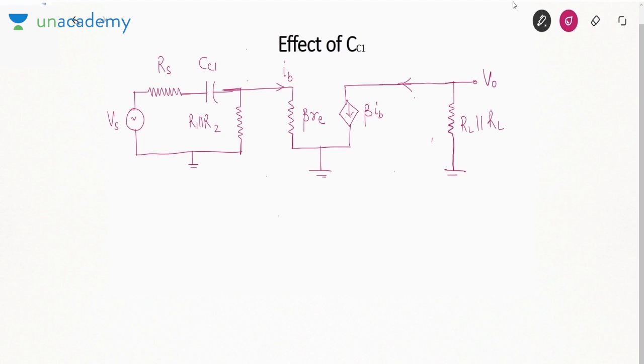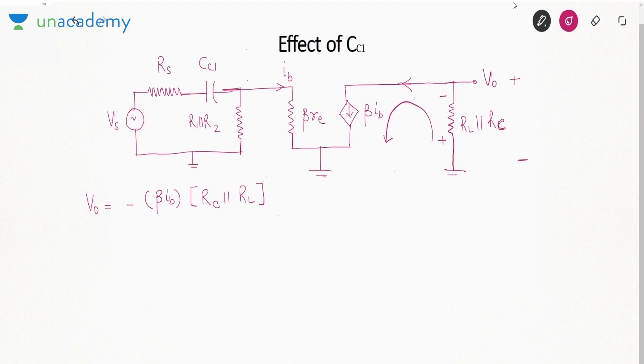So this beta IB is flowing like this, but V0 is like this, which means plus minus polarity will be opposite to the V0 polarity. So V0 will be minus beta IB into RL parallel RC or RC parallel RL.